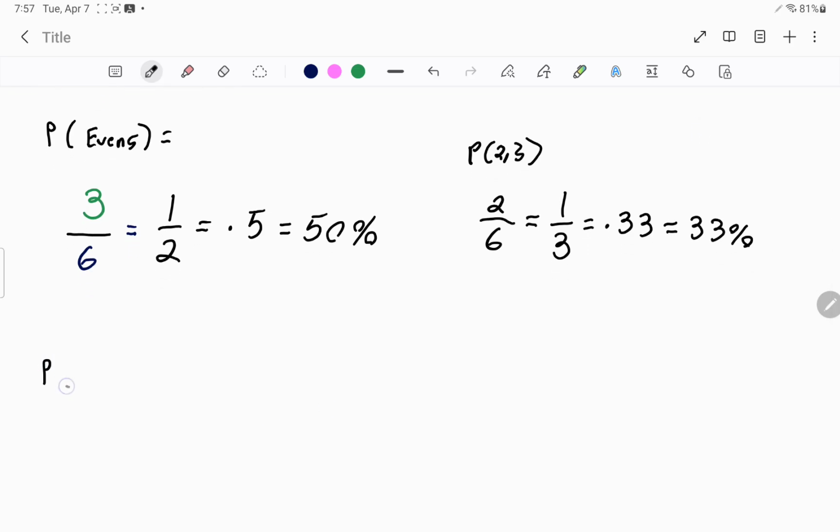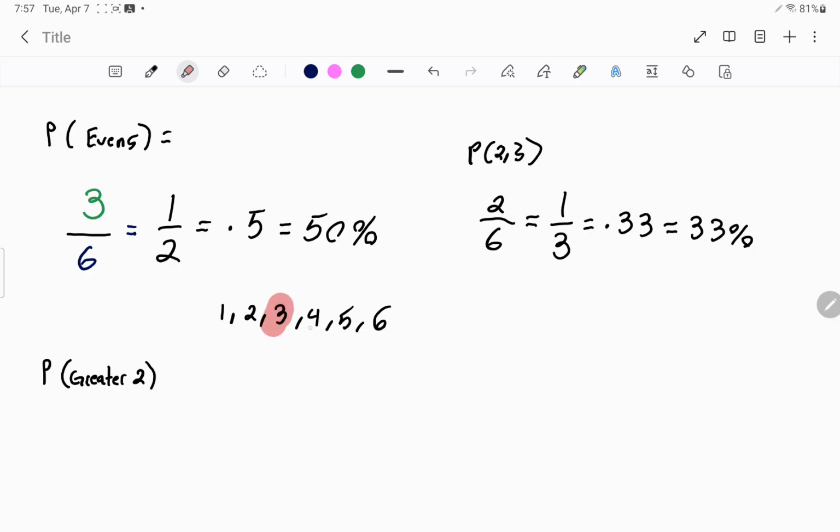Now, what is the probability that I'm going to get greater than 2? Okay, it has to be greater than 2. So remember, we have 1, 2, 3, 4, 5, and 6. So we have to look for every single one that's greater than 2. So we don't count 2 because that one doesn't say equal to.